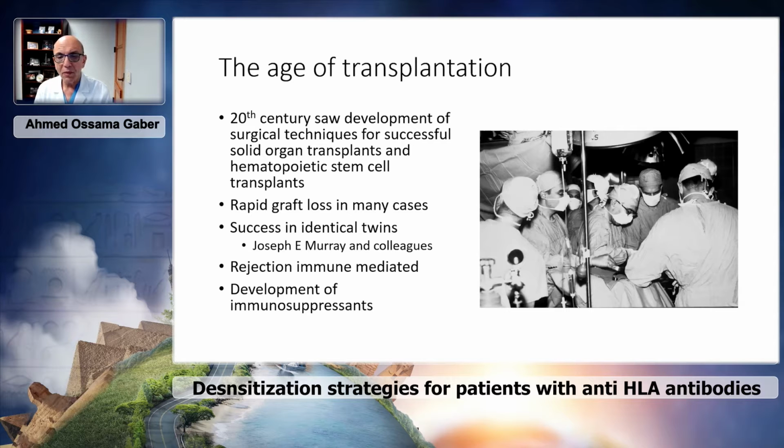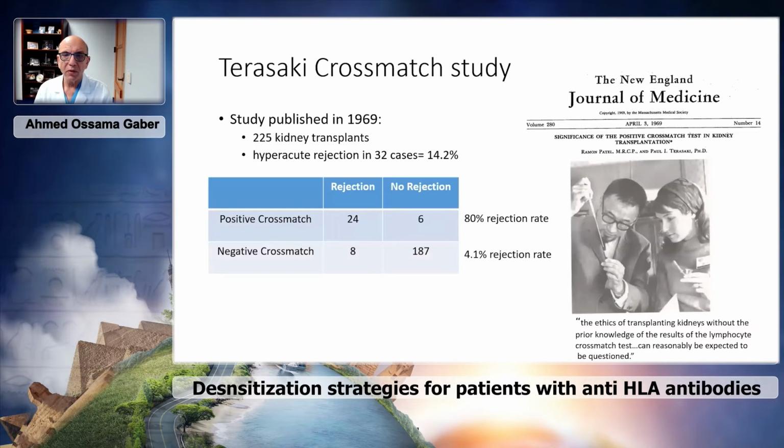We started talking about how the body is rejecting the transplant, and that's called rejection-mediated immune loss. And under the influence of people like Roy Calne and others, we started to develop new immune suppressants to treat the transplants. The basic discovery came from Terasaki's lab when he published a study in 1969.